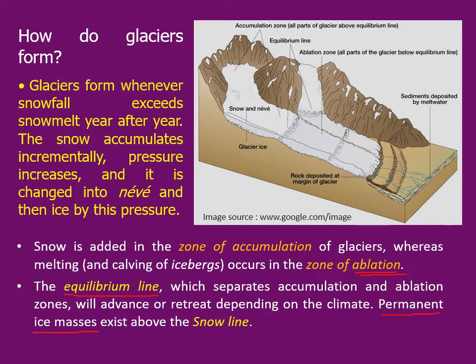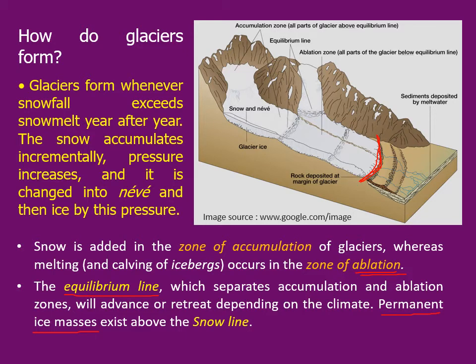So the permanent snow line is always the equilibrium line during summertime, because suppose this is your equilibrium line during winter time. In winter the accumulation zone extends up to this level, and below this is the zone of ablation. Now during summer, ablation starts, that is, loss of glacial ice mass starts far in the upslope areas.